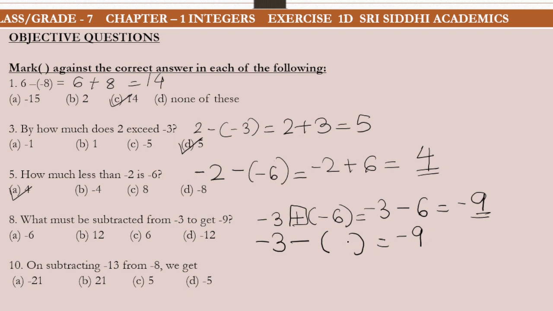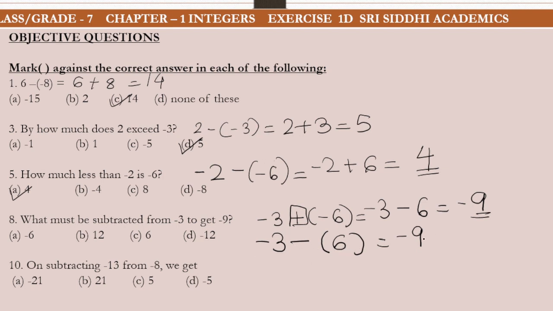So what must we put here? Definitely we will put a positive integer here. To get minus 9, which is smaller than minus 3, we need to subtract a positive integer.